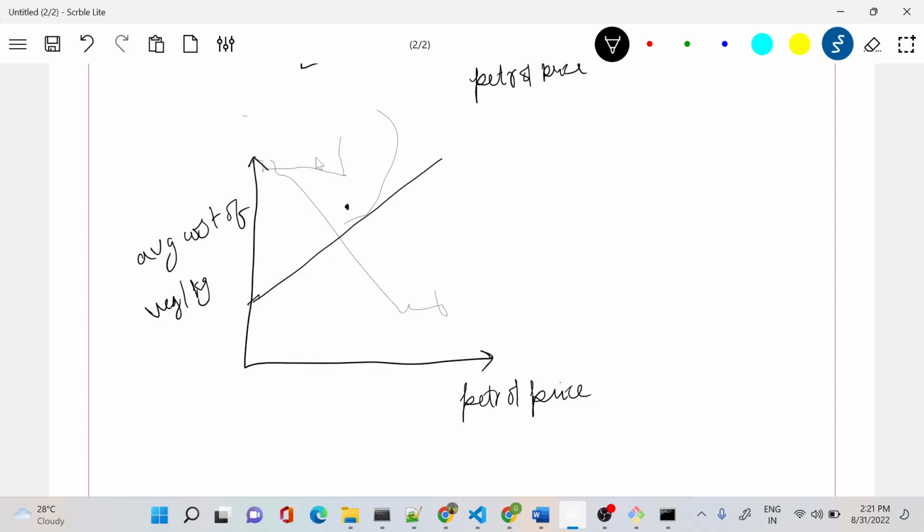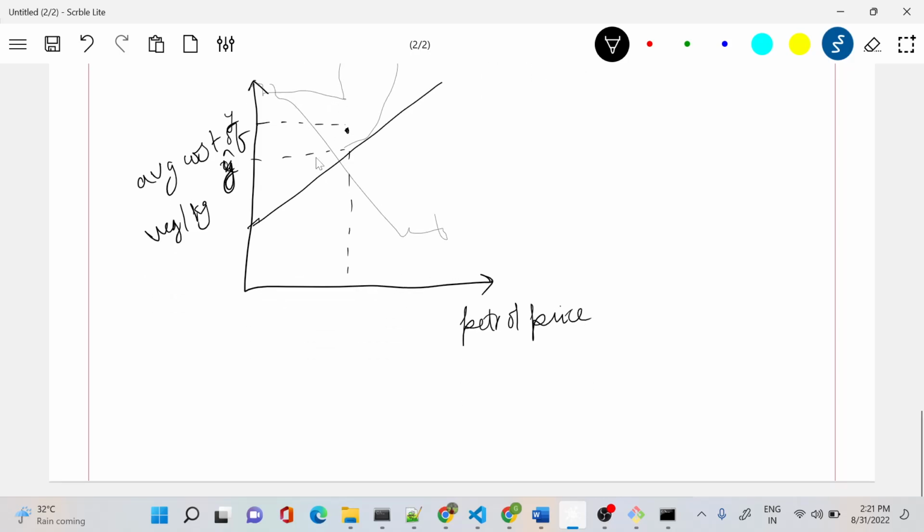For the given petrol price, we predicted that our vegetable price would be this. Let's consider this as x, and this as y hat, and this is the actual price of the vegetable, let's consider as y.